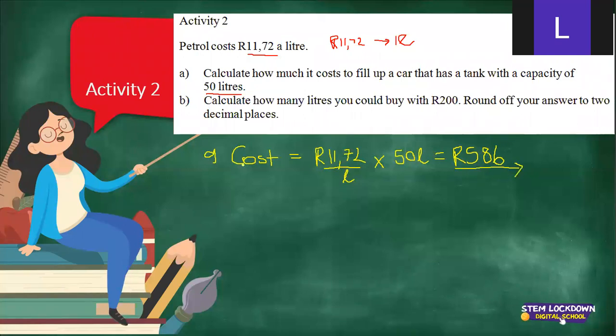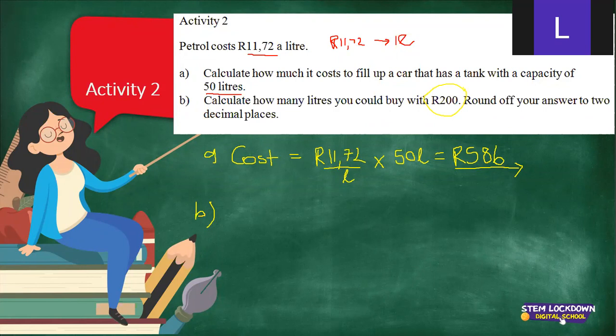Now for B. B says, calculate how many liters you could buy with 200 rand. Round off your answer to 2 decimal places. How many liters, learners, would you buy with 200 rand? Please write your answer on the group chat.